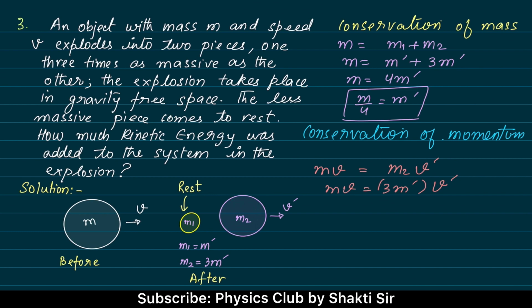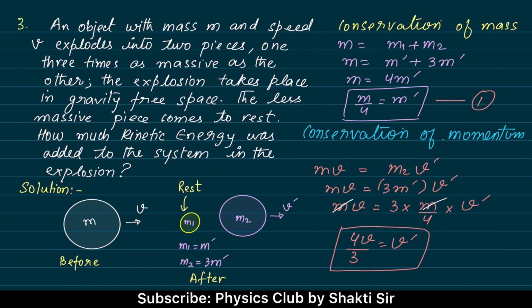What is the value of m dash? We can put it from our equation number 1. So m v is equal to 3 times m by 4 times v dash. Here you can cancel m and m. So v dash will be equal to 4v by 3. This can be our equation number 2, from the conservation of momentum.